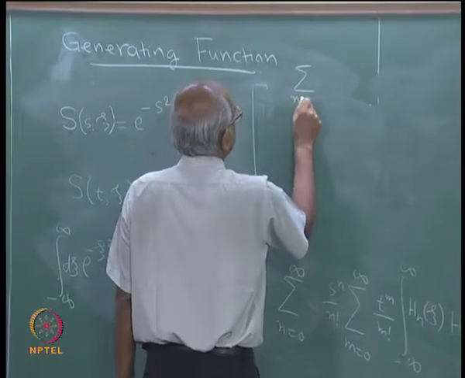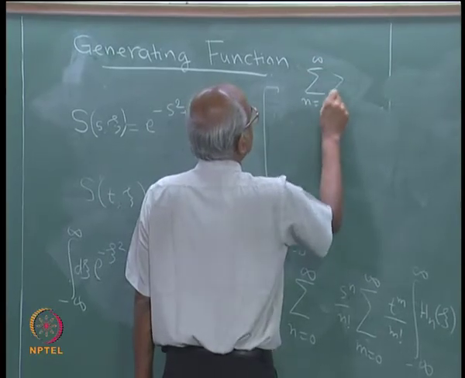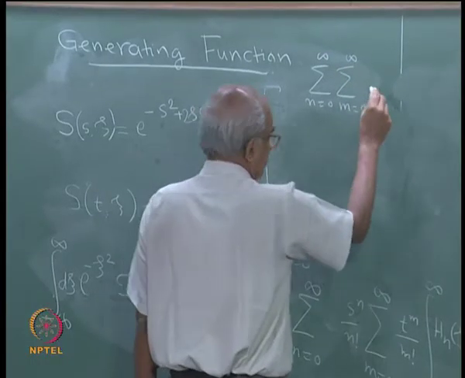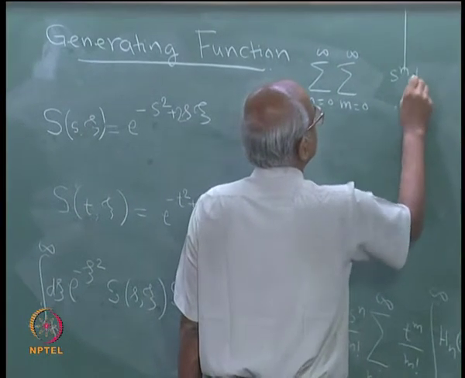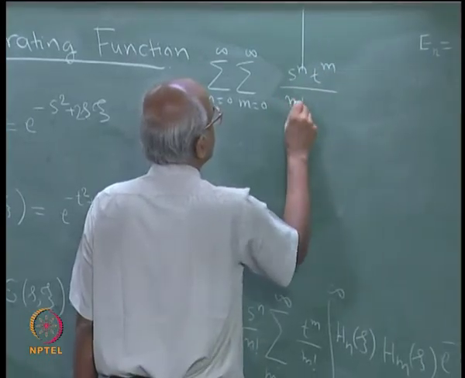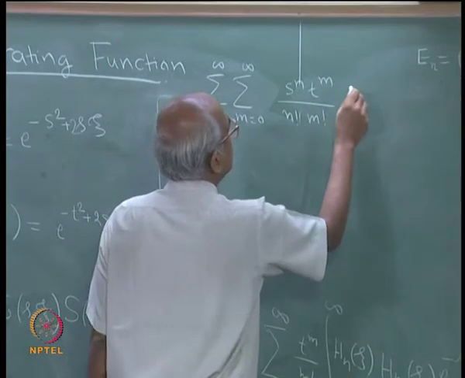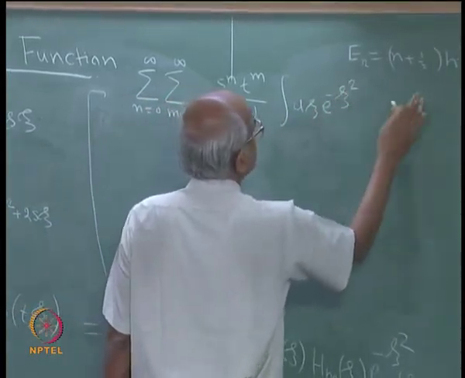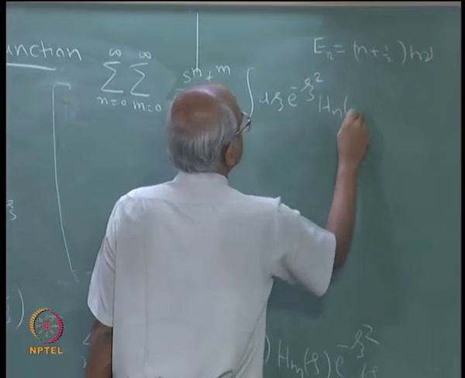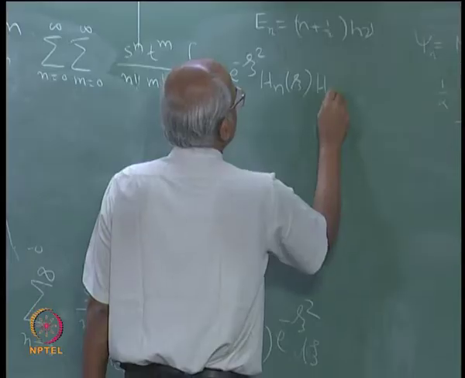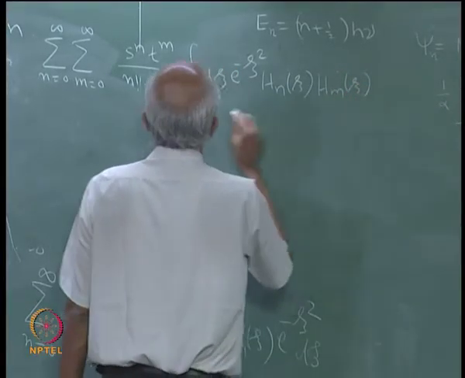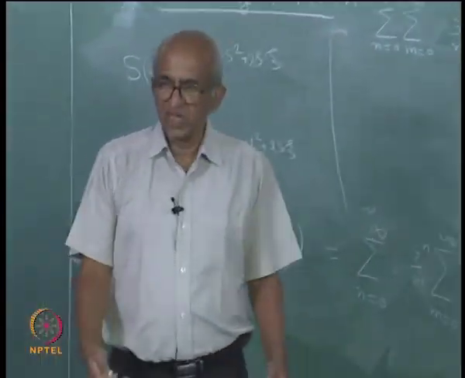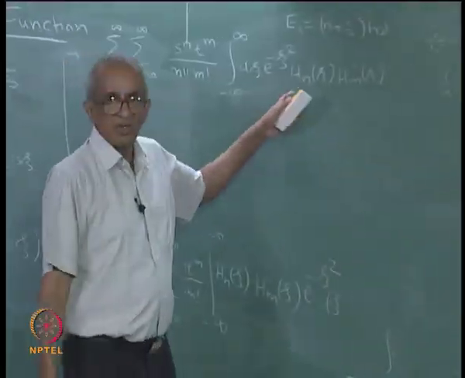It is just a double sum with n going from 0 to infinity, m going from 0 to infinity, s to the power of n, t to the power of m divided by n factorial into m factorial and the integral dc e to the power of minus c square Hn of c Hm of c. That is all.